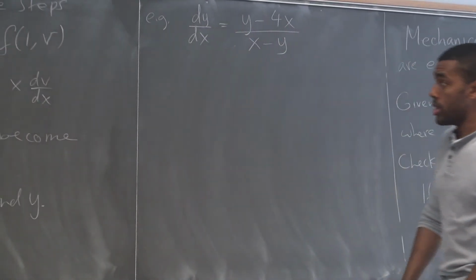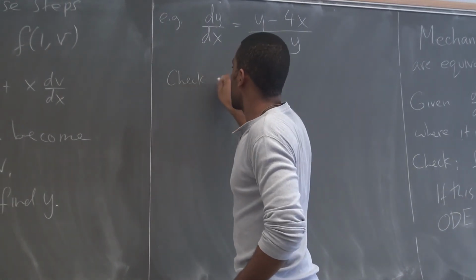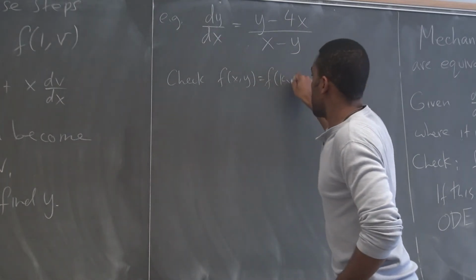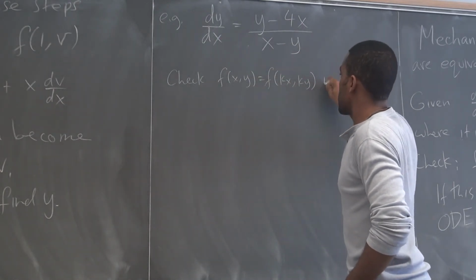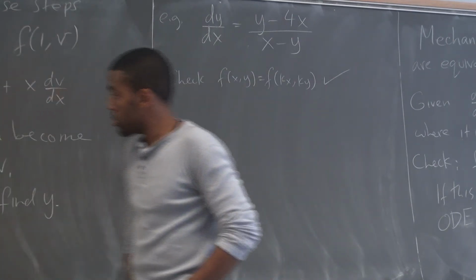Let's actually do this guy. Check: f of x, y equals f of kx, ky. So I know it's homogeneous. I actually did the working to do the check over here, so we know it's homogeneous.